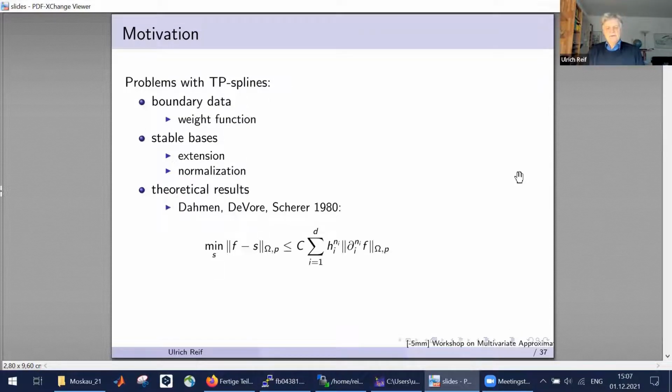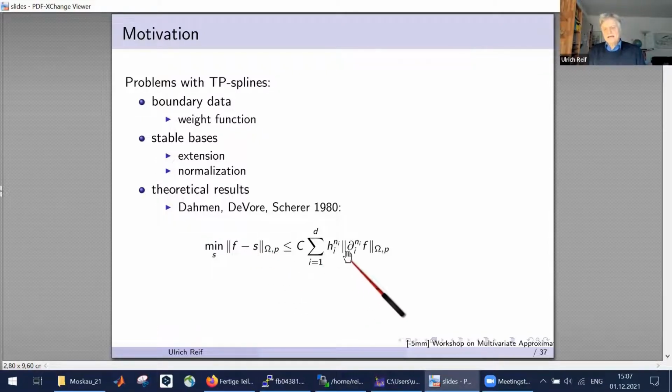And now, concerning theory, how well we can approximate with, say, tensor product splines on a domain Omega. So Omega will always be my domain. Then we have the following classical result due to Dahmen, DeVore, and Scherer. It's 40 years old. The best approximation of a given function f by a spline s is bounded as follows.